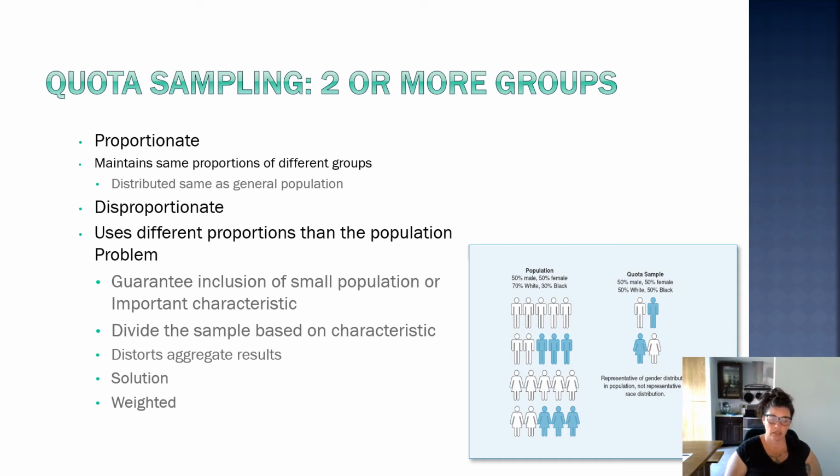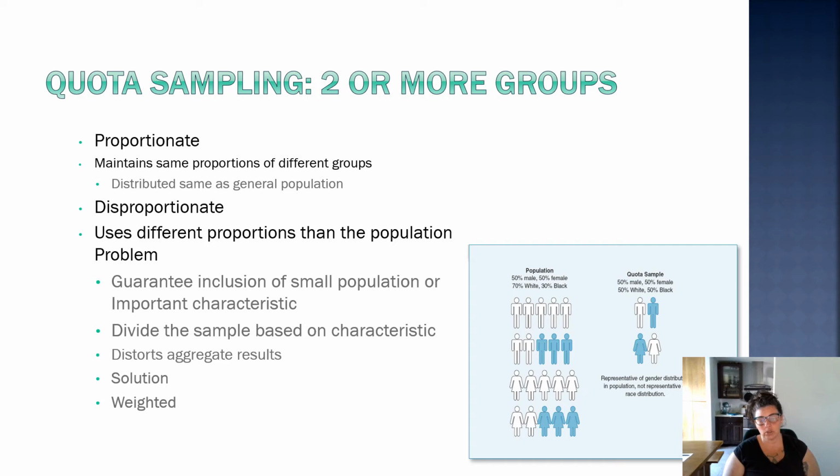So on the positive side, you're going to guarantee the inclusion of usually a really small population that has that particularly important characteristic. You are able to divide the sample equally, maybe, based on that characteristic, but it can distort some of your aggregate results.